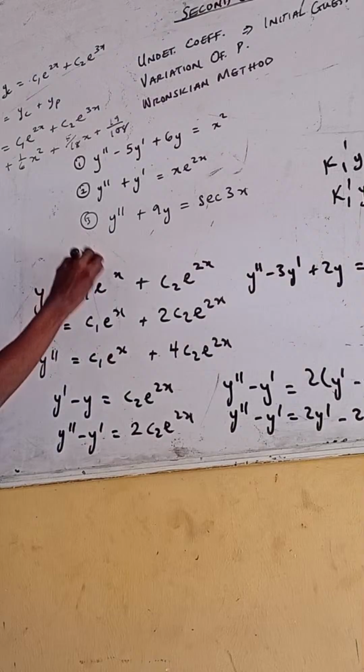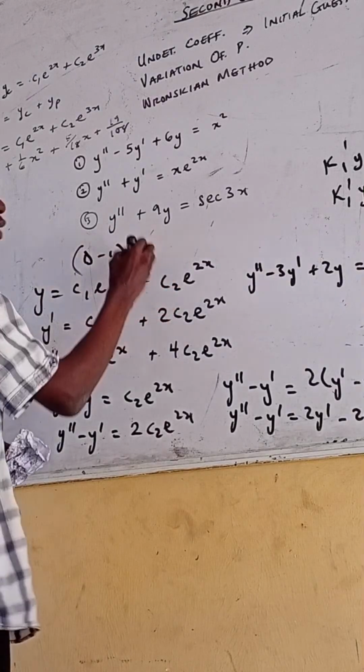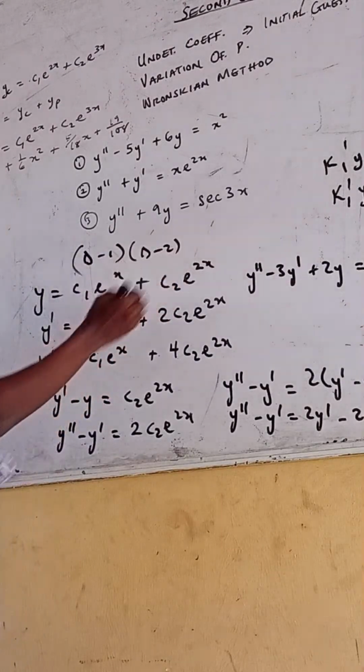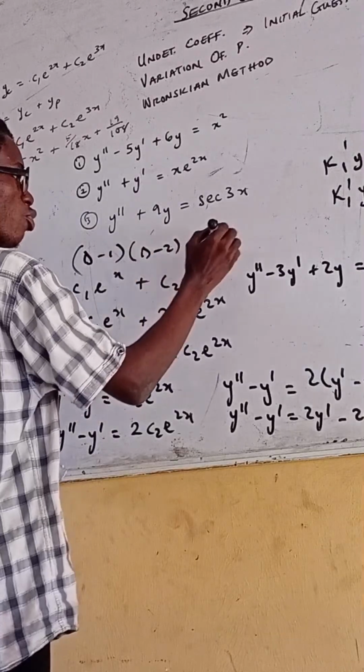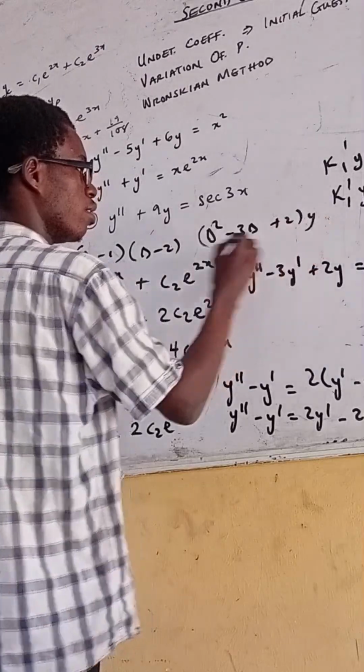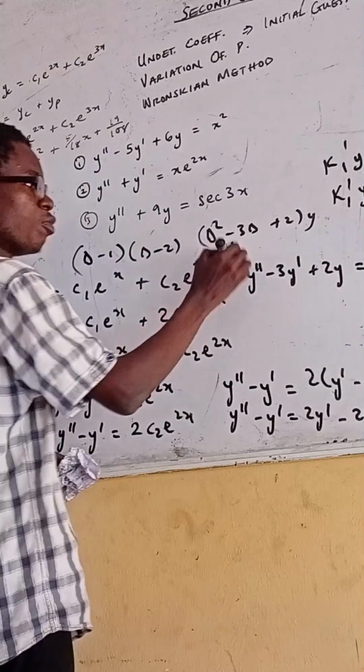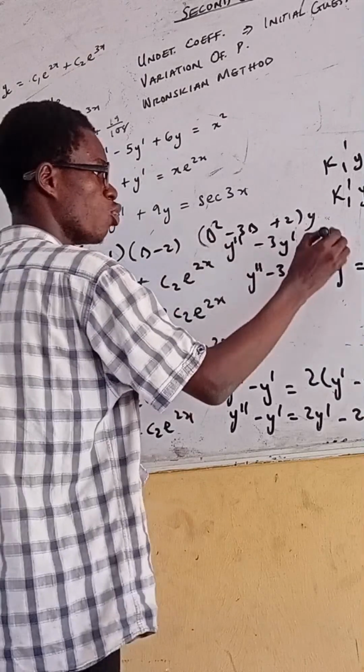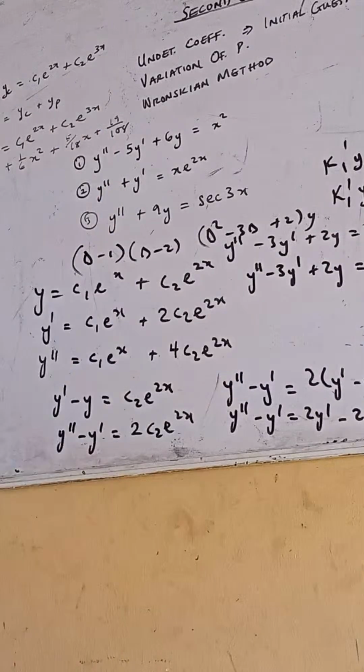This one is d minus 1. This one is d minus 2. So open the bracket, d squared minus 3d plus 2 of y. So the square y is y double prime minus 3y prime plus 2y equals exactly 0. That one is the operator.